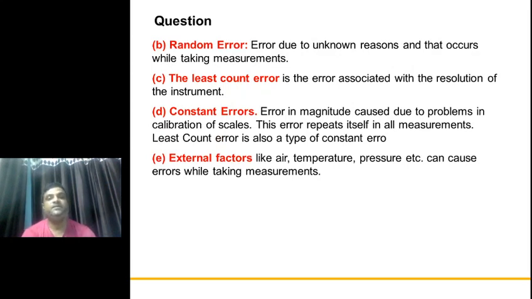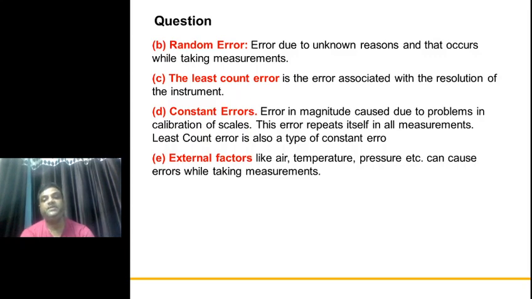Then random error: error due to unknown sources is called random error. Least count error is the error associated with the resolution of the instrument; least count is actually the resolution. Constant error is error in magnitude caused by a problem in the calibration of the scale.